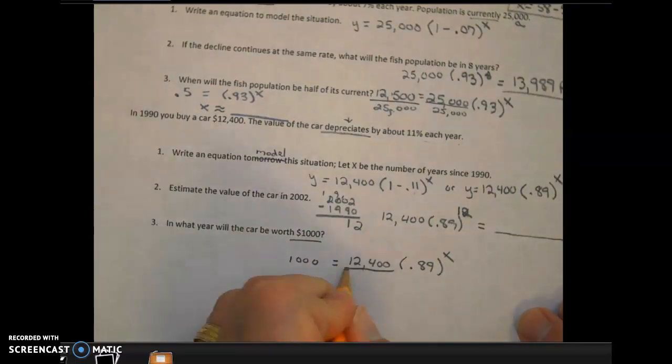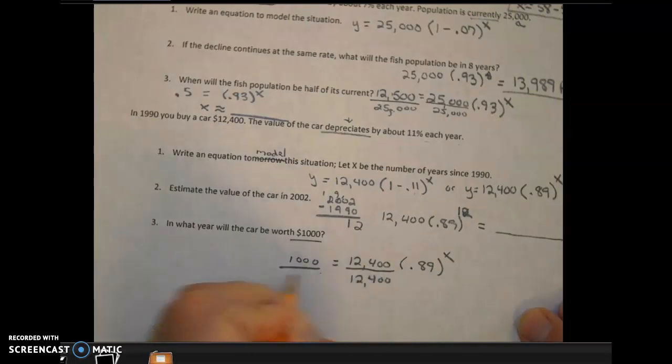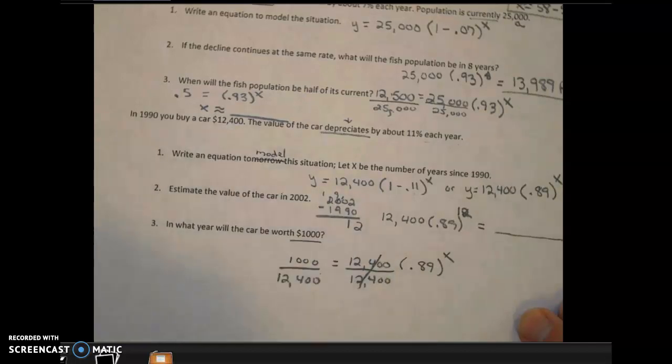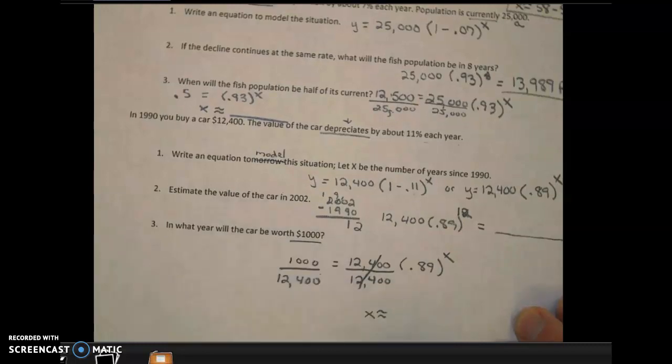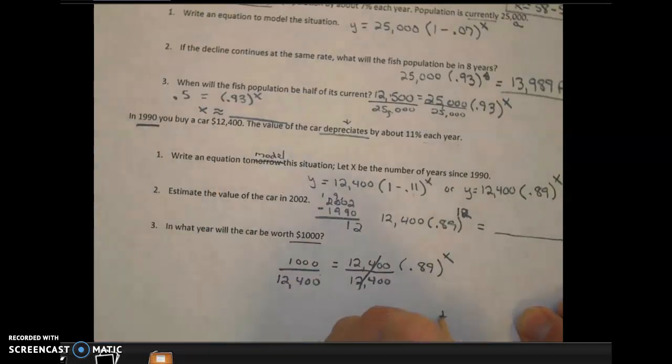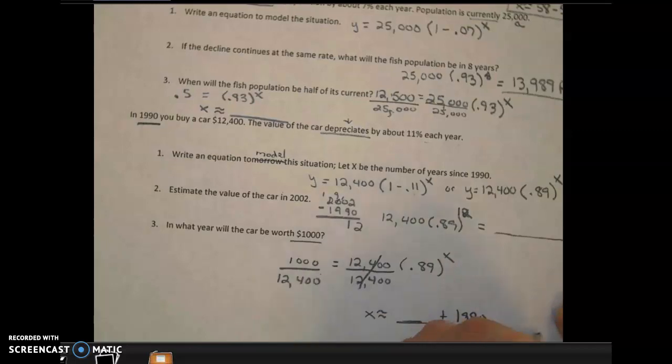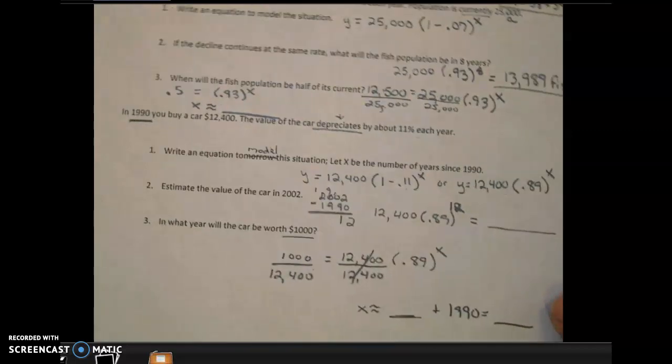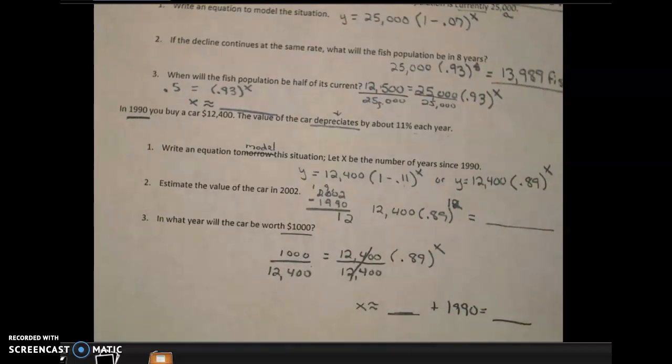So of course we divide by the a value right off the bat. And then once we solve for x, you will have to take that number and add it to 1990 to get the year.